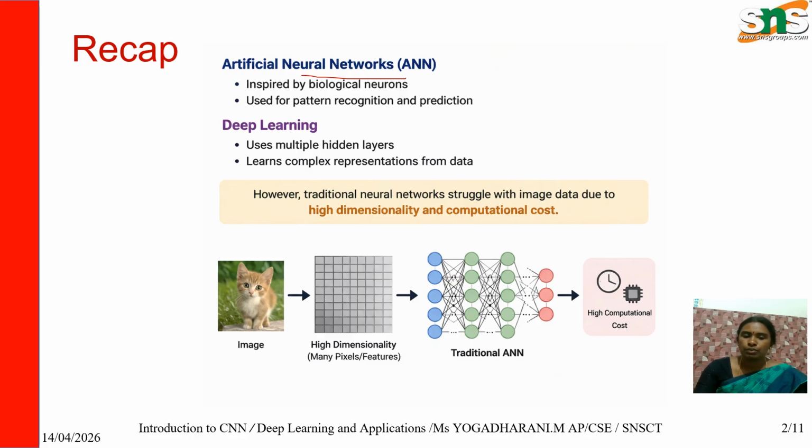It processes data using weight, bias, and activation function to learn patterns and make predictions. Yes, but traditional neural networks are not efficient for images.